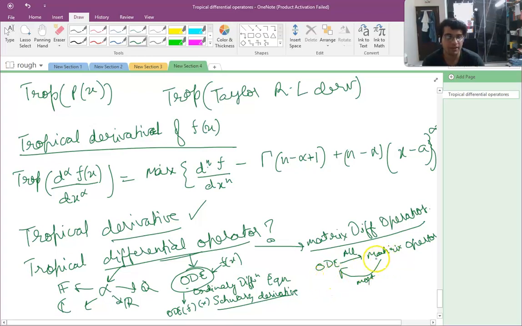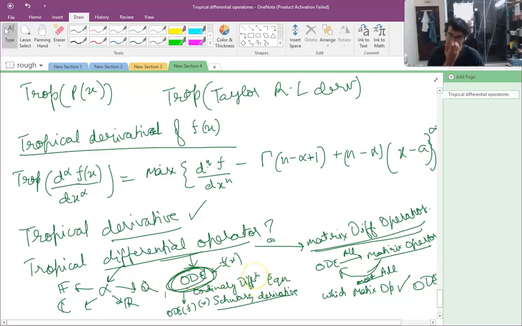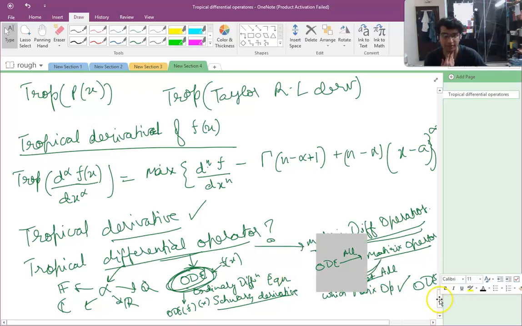So we will be looking at the matrix operators that we can map back. We're going to try to say something about which matrix operators can be mapped back to an ODE. And if we find that all of them can, instead of just most, then we can directly convert any matrix or differential operator into a corresponding tropical operator just by changing what we mean by ODE. Okay, so now I'm going to explain what we know from the ODE perspective.